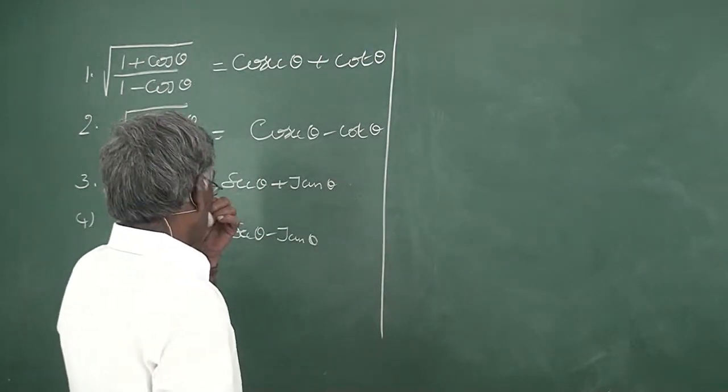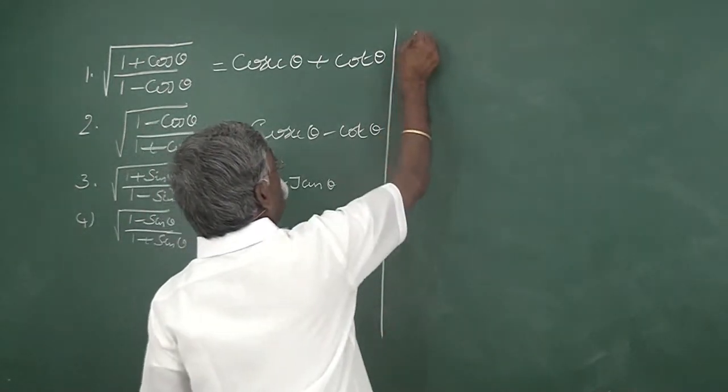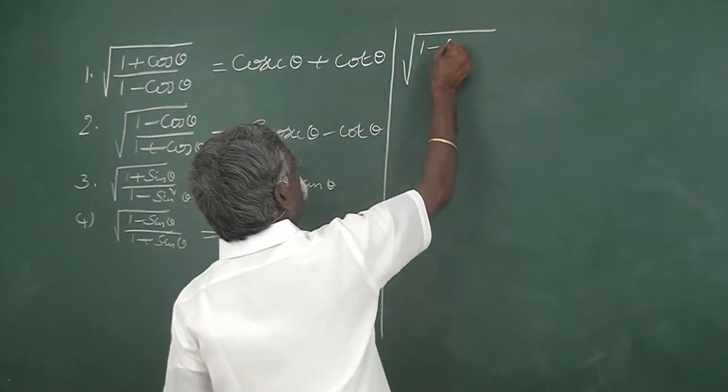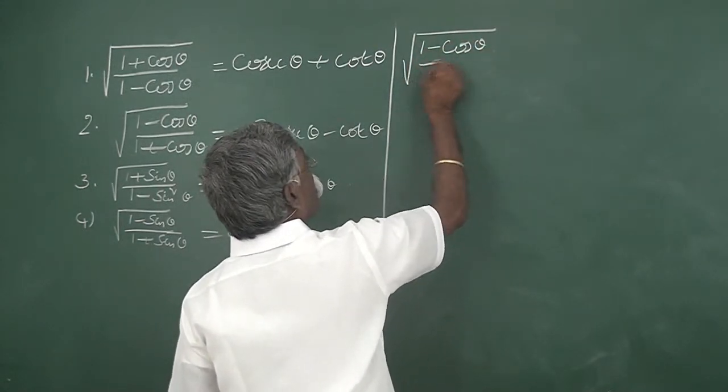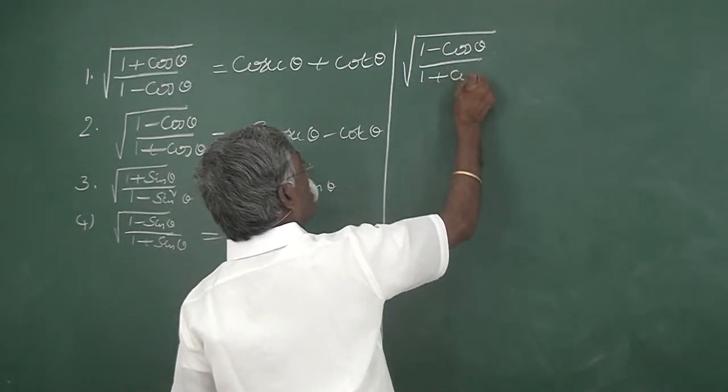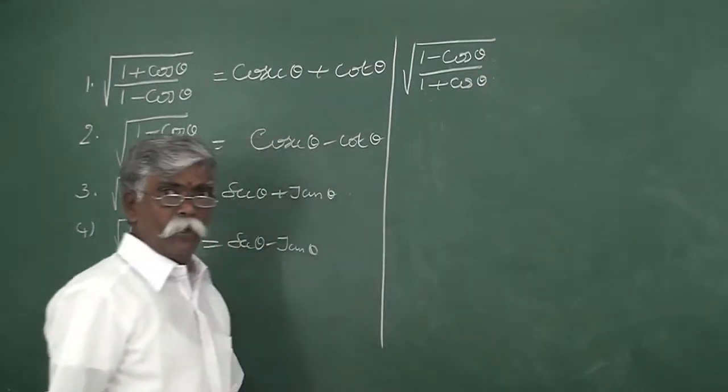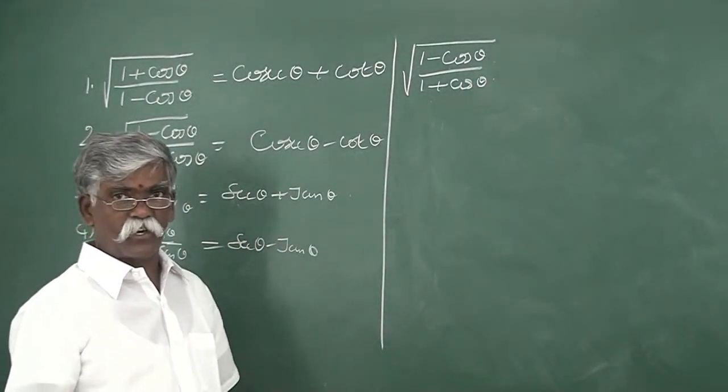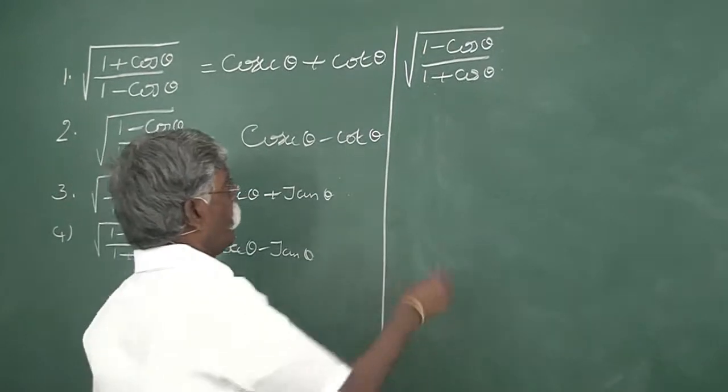Now the second problem is root of (1 minus cos theta) by (1 plus cos theta). The denominator is 1 plus cos, in the form a plus b.